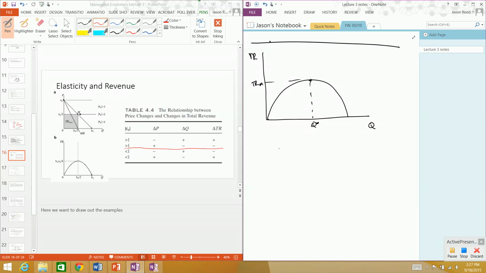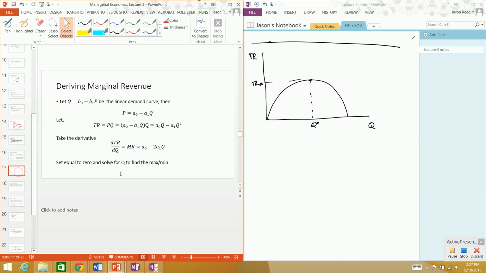So let's go to the formula here and how we're solving this out. Let's start with the idea that total revenue is equal to price times quantity. Now we have quantity as the driver of total revenue, so we want to substitute out for price somehow. Using our inverse demand function, we're going to say that total revenue is equal to A0 minus A1Q, times Q. This is a generalized form.